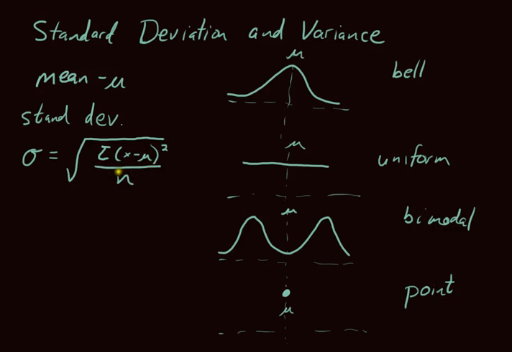This is for population. If it's for a sample, this n changes to n minus 1, but since the computer's pretty much going to be computing for us anyway, I figured I'd just talk about population and then, just in case you wanted to know, for sample you need to change the n to an n minus 1. If you don't take the square root, that's what's called the variance.